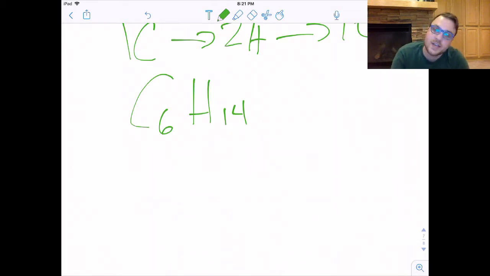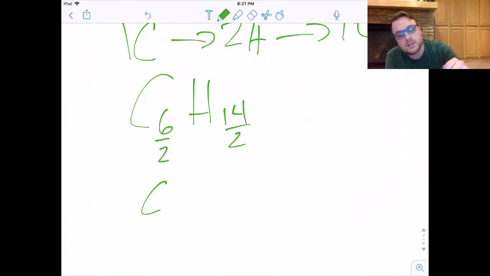I'm going to divide these each by 2. Get C, so this is the molecular. I'll get C3H7. Well, I can't divide that, I can't simplify that any further and keep whole numbers.